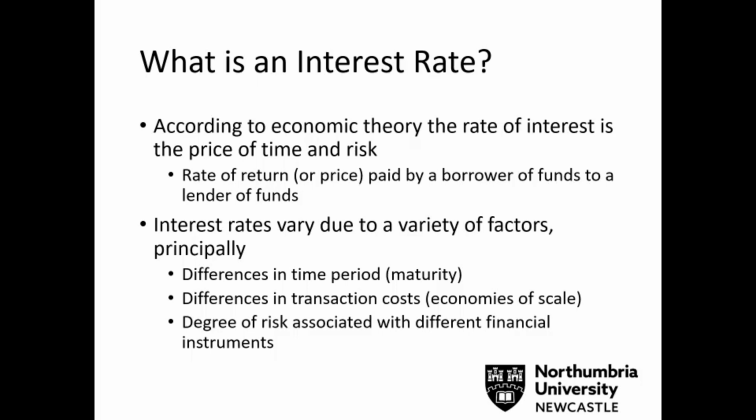It's cheaper to issue one large loan, rather than issuing 10 small loans. And then there are also various degrees of risk: the risk to the specific product, the risk from the lender, the risk from the borrower, and also inflation risk. There are various types of risk, and you'll certainly cover the majority of them throughout your degree.